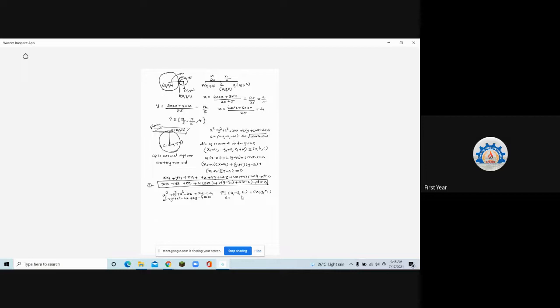This is your equation of the sphere. This D came from the equation of the sphere only. So D is minus 4. Just substitute in this equation and you'll get the answer. Try putting it and tell.